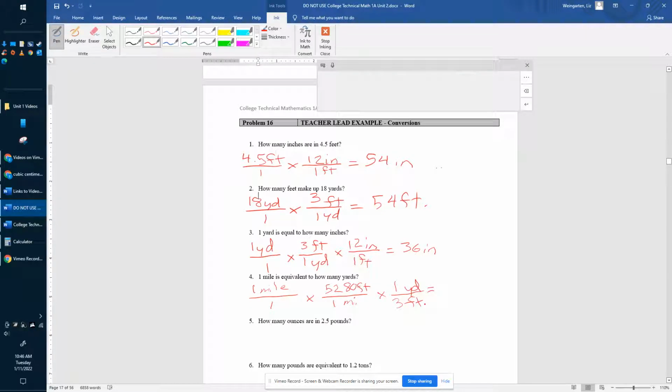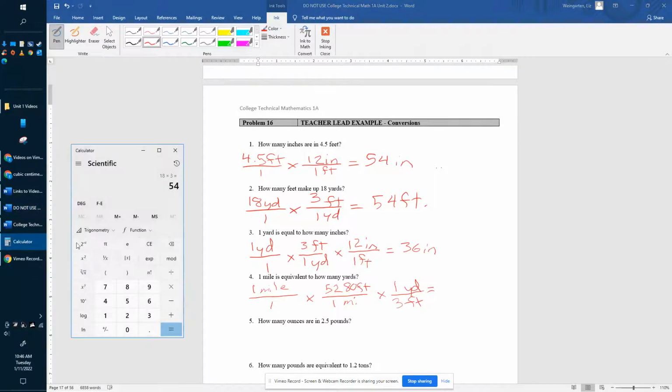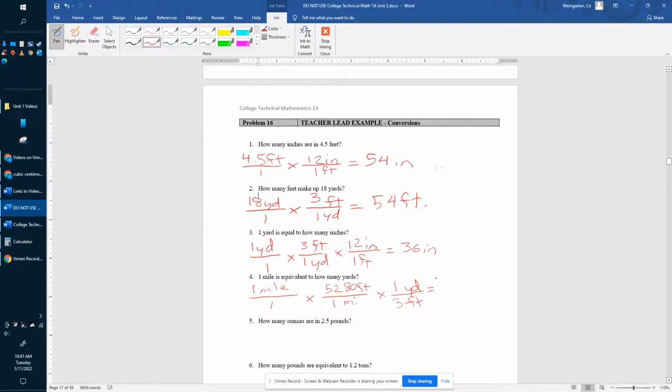Everything on the bottom, multiply it together, it is 3, so we'll take 5,280 divided by 3. 1,760 yards.